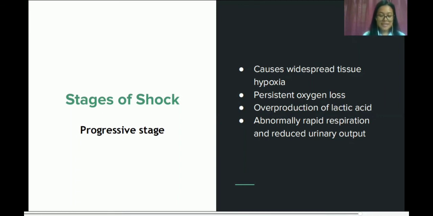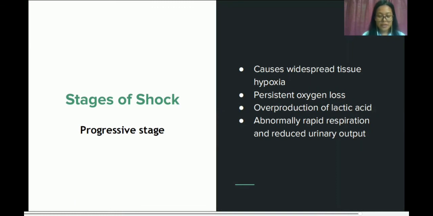Because of persistent oxygen deficiency, anaerobic glycolysis happens, and there will be an overproduction of lactic acid. This causes pH levels in the tissues to drop and blunts the vasomotor response. This event causes the arterioles to dilate, causing blood to pool in the microcirculation.